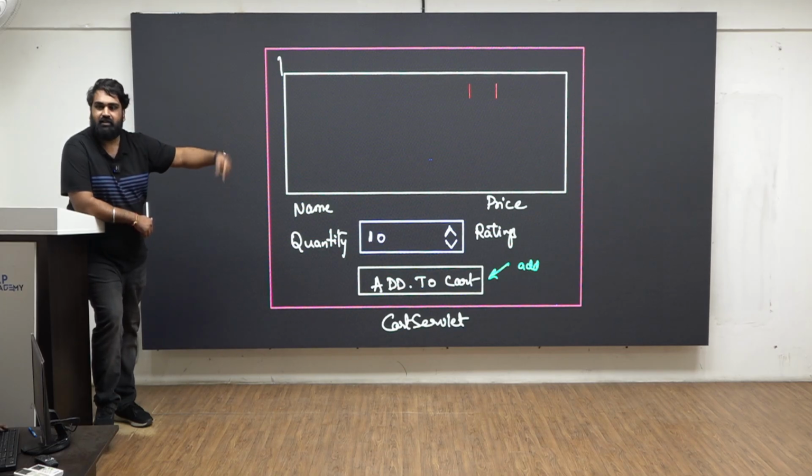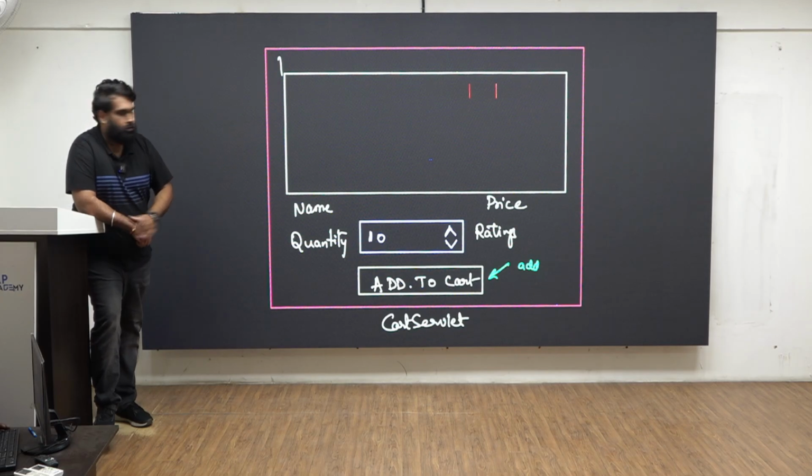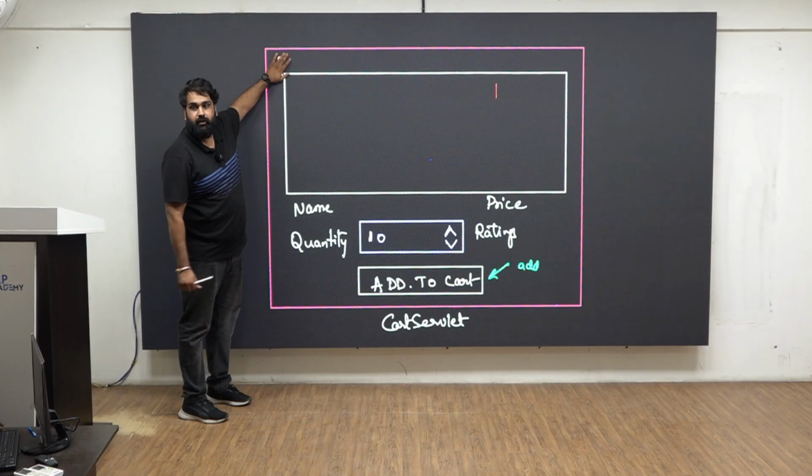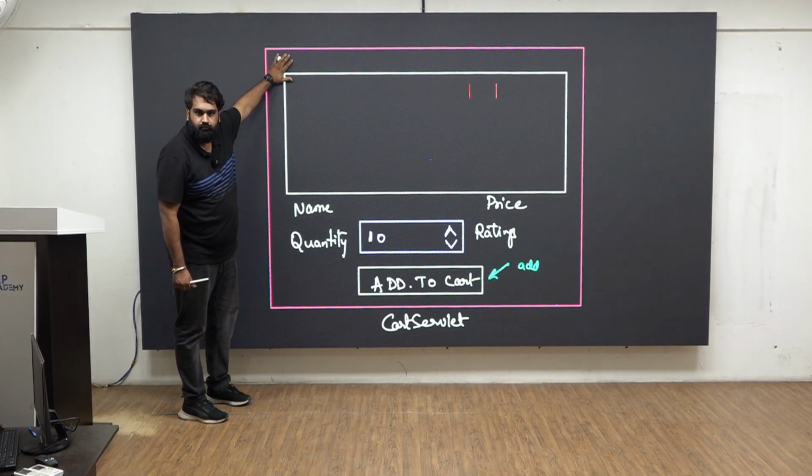But while you send this control to the cart servlet, don't you feel this ID you need to set? How will I send this ID? It is not the first time I am doing it, sir. Very simple.